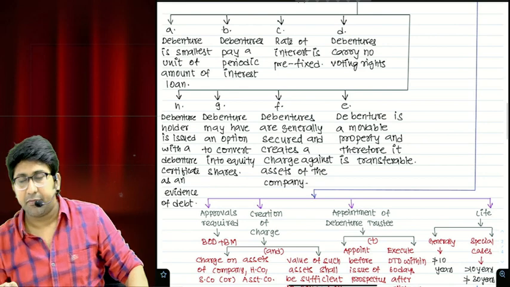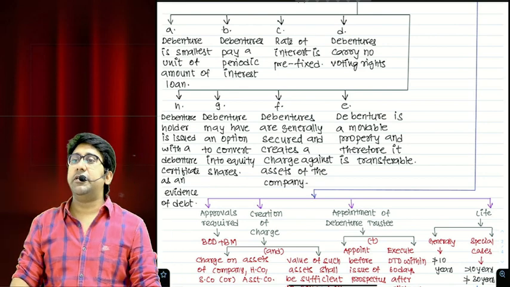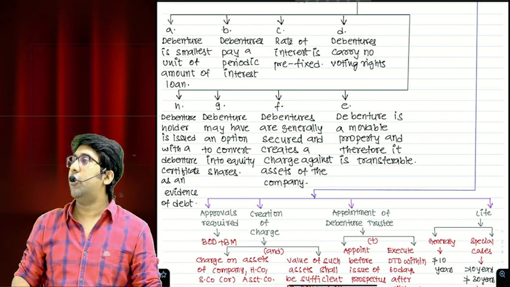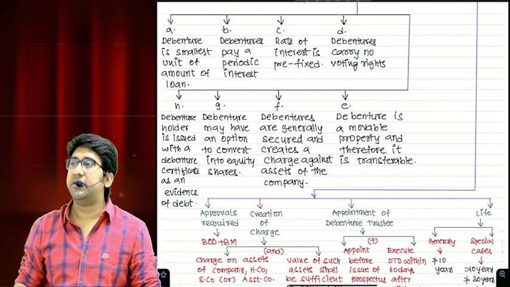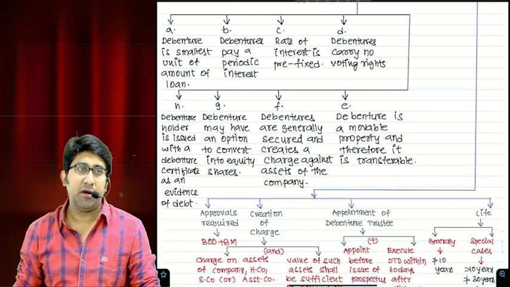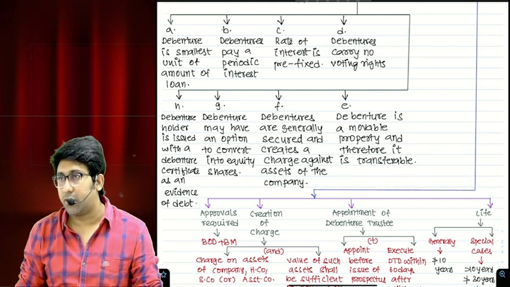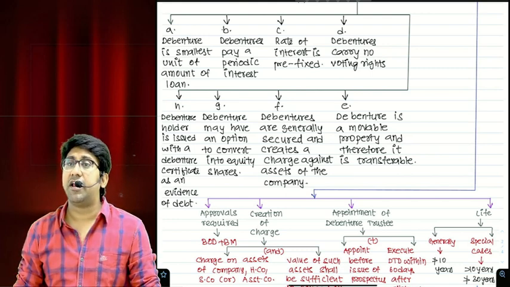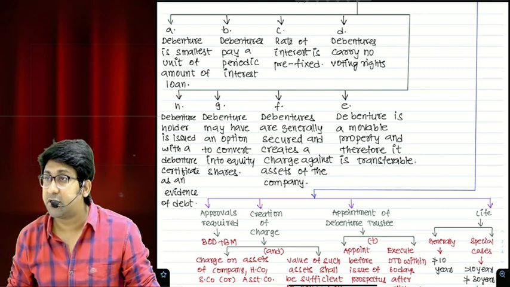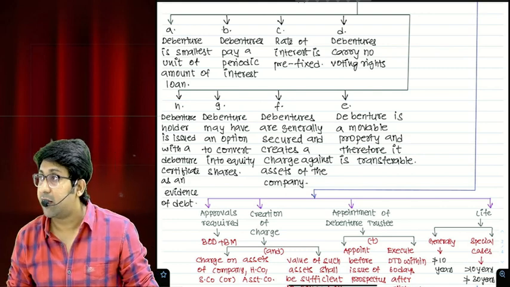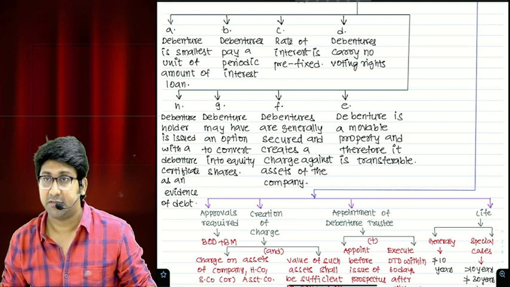First one: what is a debenture? Whenever you take a loan, it will have some disadvantages. Number one, a loan will always have a fixed tenure. Debentures also have a tenure, but there is a concept of early exit called transfer of debentures.